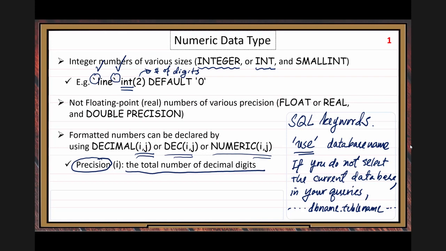Actually, this part is the total number of decimal digits. So when people use scientific notation, they call it effective digits, the effective number of digits.